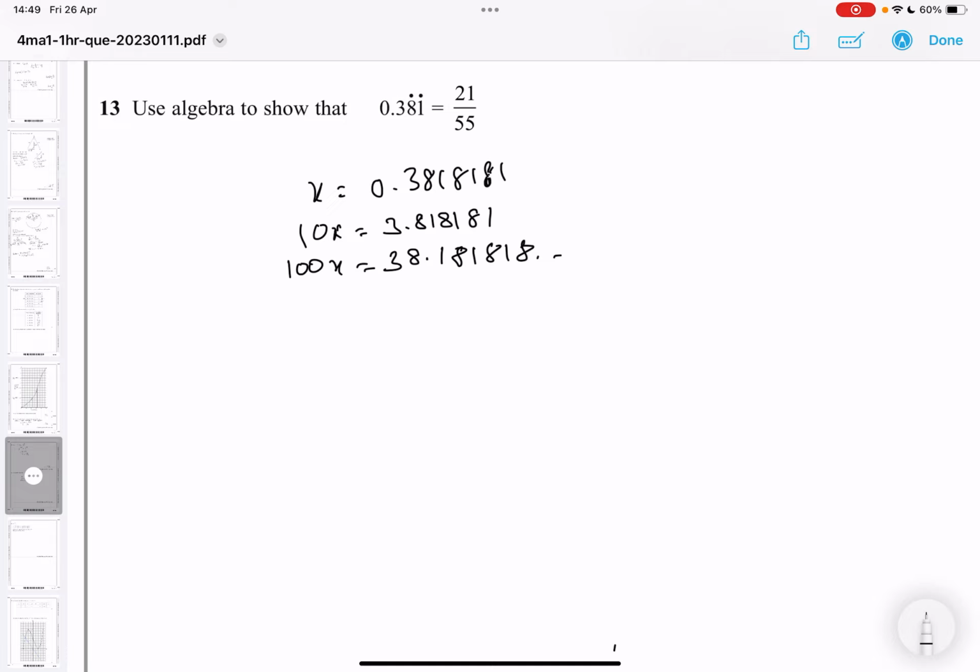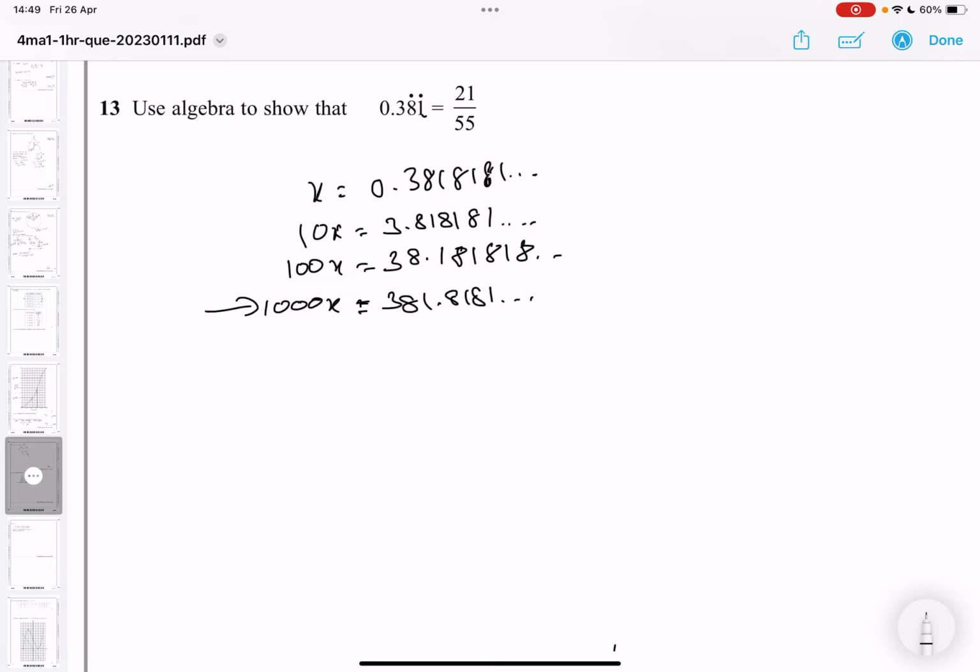38.181818. Obviously it's continuing. Multiply by 10 again, 381.8181. And you do this until you get to the end. So now we're at the end, so the decimal point will be there. And you have to find which two numbers when you subtract give you 0 after the decimal point.